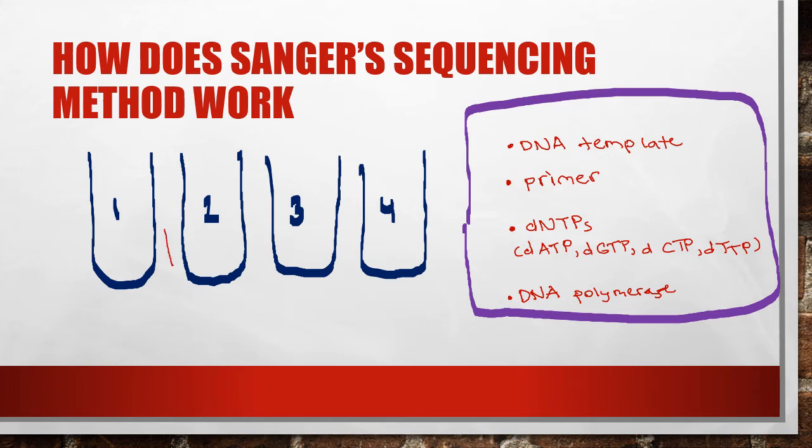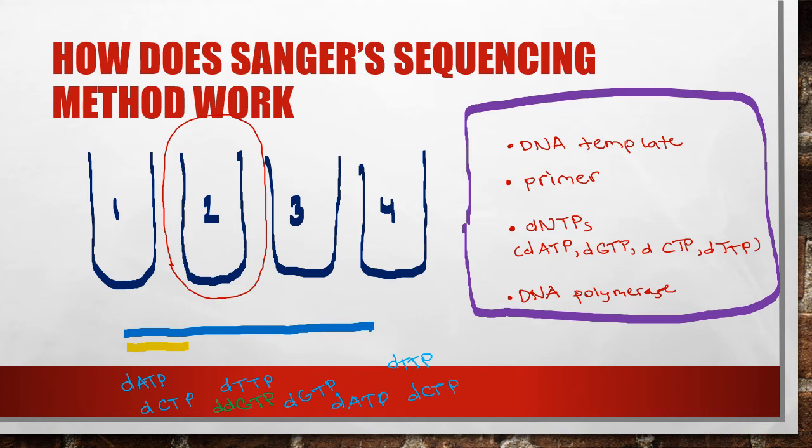Using test tube 2 as an example, you can see inside test tube 2 you have your DNA template and your primer. Also in your test tubes, you have a high concentration of the different dNTPs and a low concentration of your ddNTP.